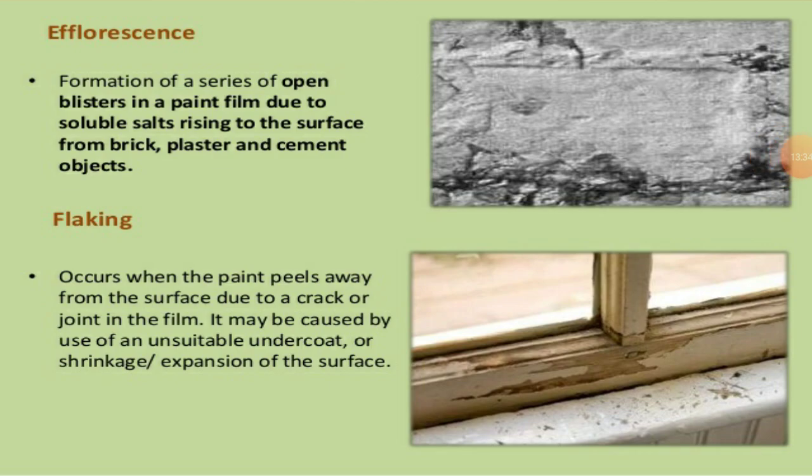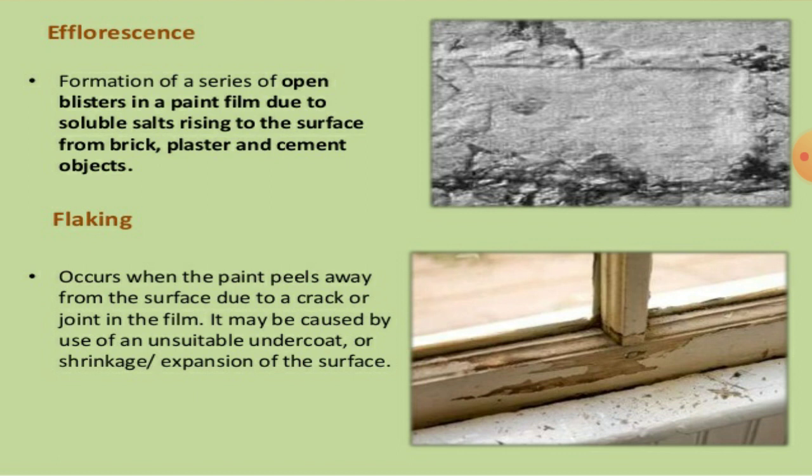Next is the efflorescence. Formation of a series of open blisters in a paint film due to soluble salts rising to the surface from the brick, plaster and cement objects. Flecking occurs when the paint peels away from the surface due to a crack or joint in the film.